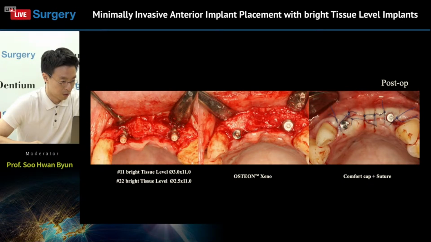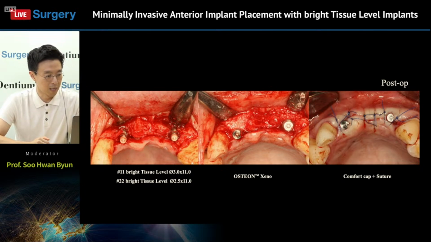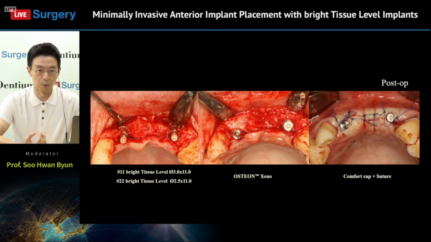I will talk about the entire process of the implant placement and bone grafting in today's live surgery. We used two bright tissue level narrow fixtures on both sides, and I did the minimal periosteal elevation. Even using the bright narrow tissue level implant, the upper part of the fixture was exposed. So I did the bone grafting to cover the exposed area.